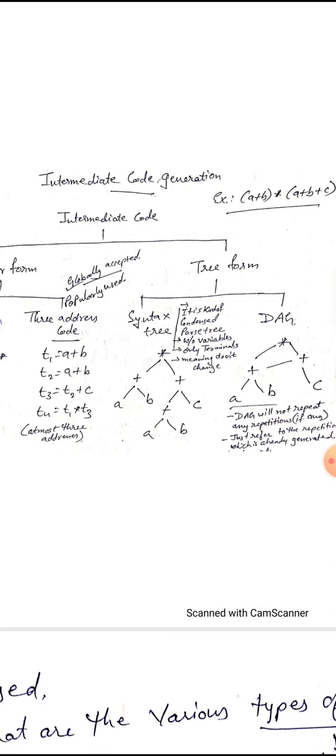Then only the target code generator and the code optimizer need to be changed, so that you can write the compiler for different machines. Let us say in the case of Java, there is something called bytecode. Bytecode is an intermediate code. You generate the bytecode on one machine and then you send it to some other machine, and on that machine that bytecode is executed.